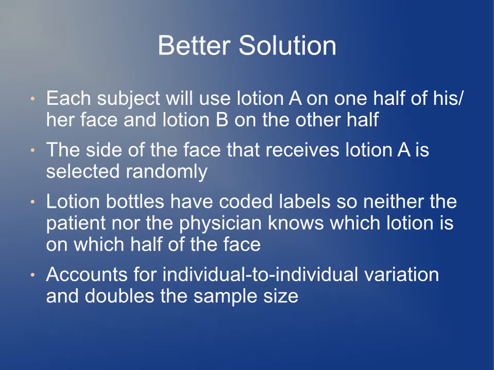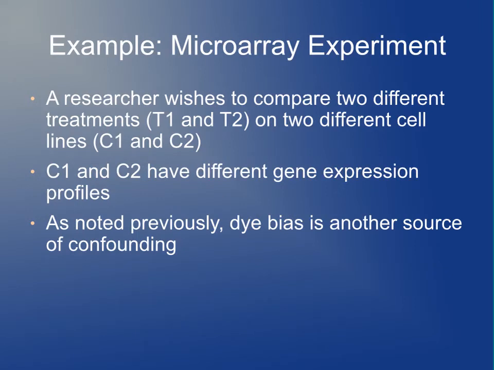Or another bench science example that we discussed briefly earlier, let's say you have a microarray experiment. You want to compare two different treatments that we call T1 and T2 on two different cell lines that we call C1 and C2.